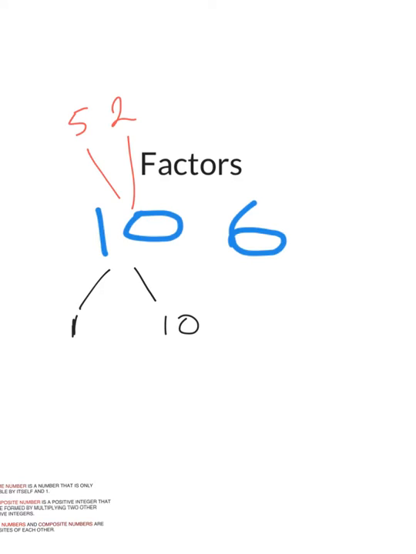So when you're dividing 10 by its factors, you can divide it by 2, you can divide it by 5, you can divide it by 1, and you can divide it by 10. So those 4 numbers are factors of 10.